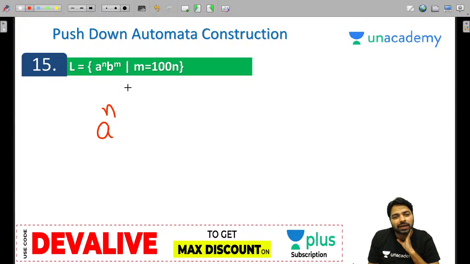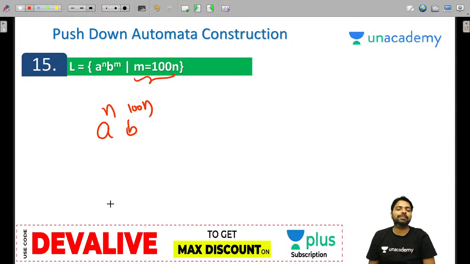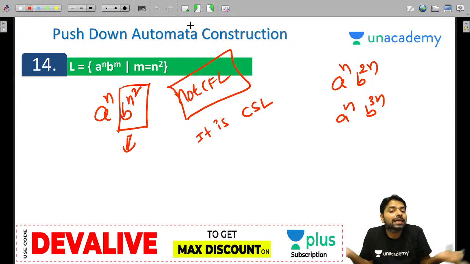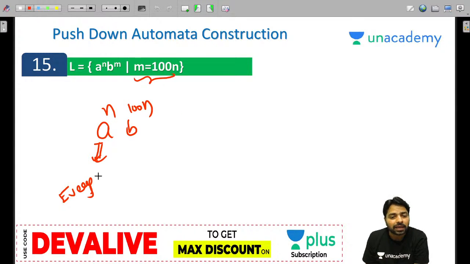a power n, b power m, where m is 100 times n. This time you can do it. What do you do? For every a you can push 100 a's. 100 is a constant, but previously n square a's you can't say. You should say 100 or 1000, but n square is an unknown term. For every a push 100, it is a constant.